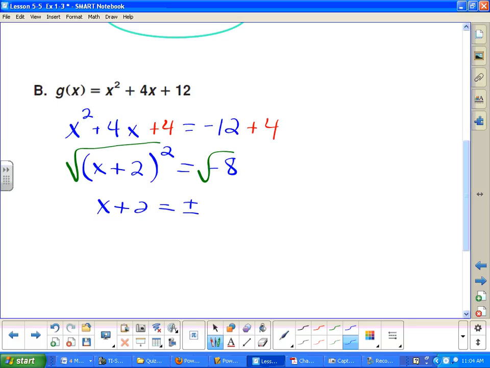When we write that, we're going to put the i in between the 2 and the square root of 2, so we will say it's 2i square root of 2. The reason is we don't want to put the i at the end because it doesn't belong under the radical, and it'll look like it is under the radical. So we subtract 2, and we get x equals negative 2 plus or minus 2i square root of 2.